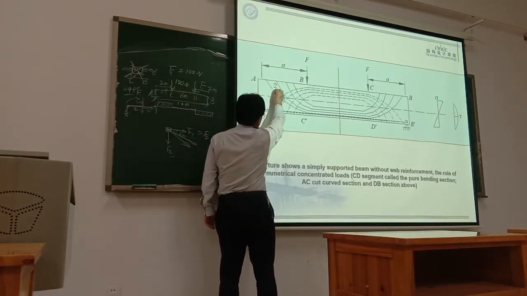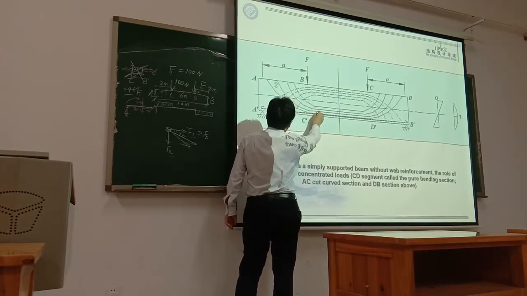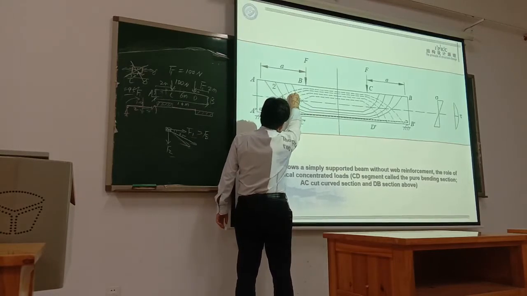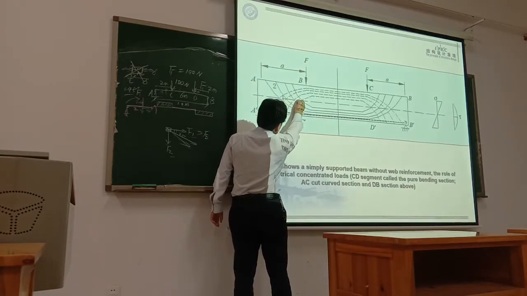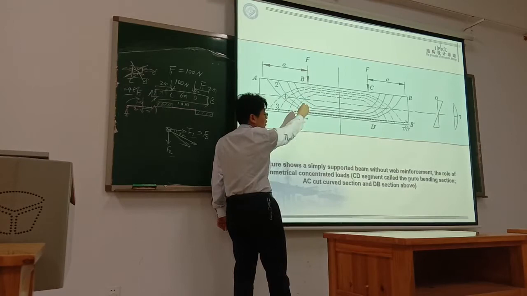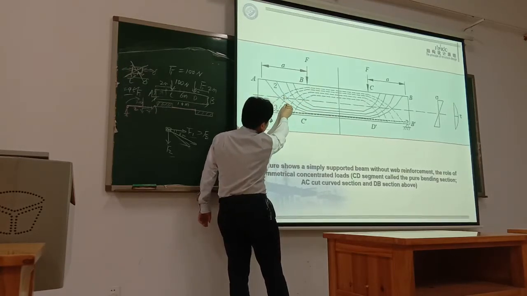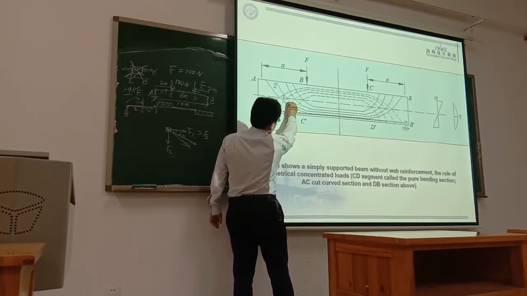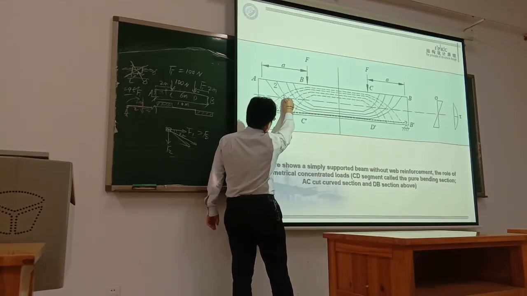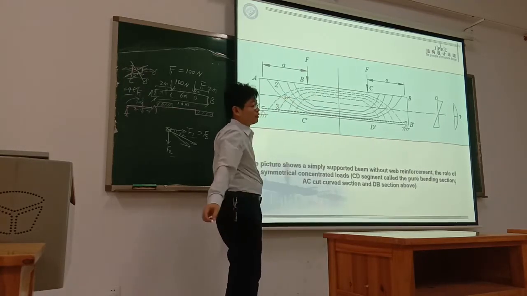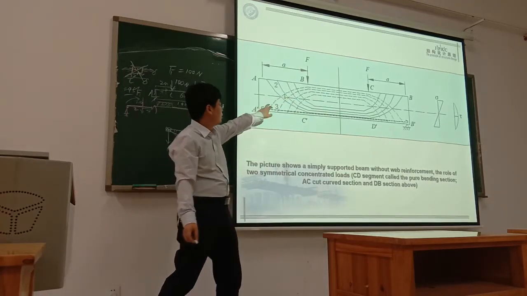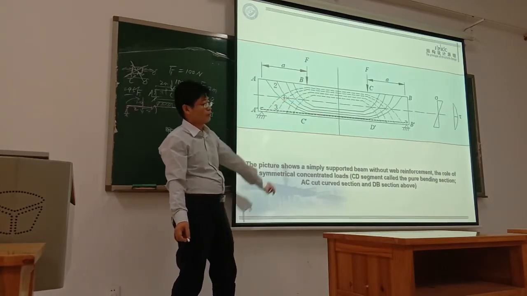This is the principal tensile stress. You see, if we extend to here, this part, the angle is larger than 45, and this part, if we take it to here, the angle is smaller than 45. Only at this middle point, the angle is 45 degrees.